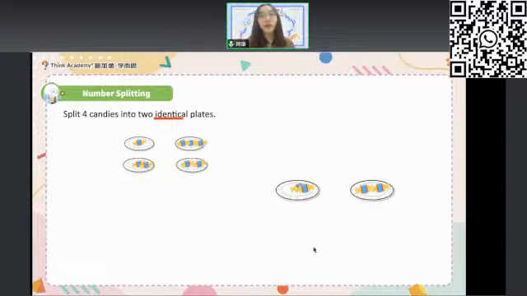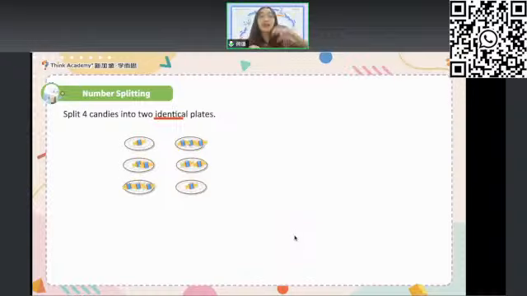Okay, this is another way. And the student says, maybe I can just put 3 and 1. But you see that since the 2 plates are identical, no matter you put 1 candy here or 1 candy there, actually they are totally the same, okay? The order doesn't matter. Understand here?